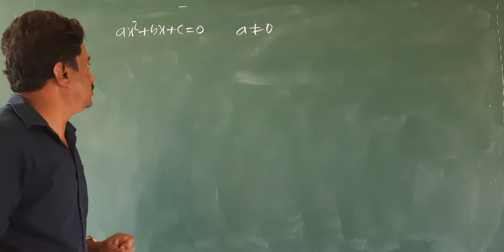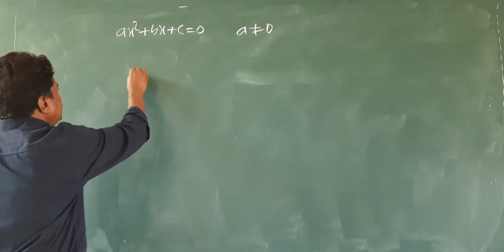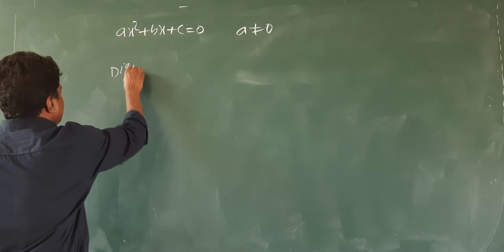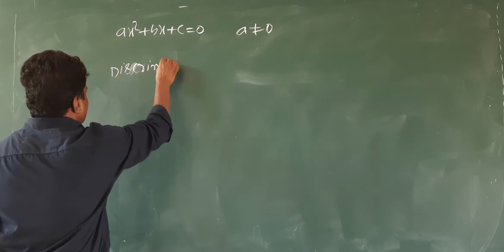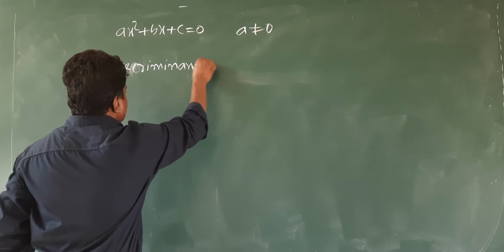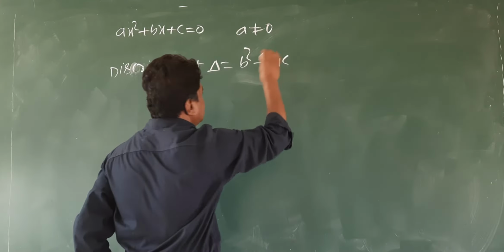Look at this, students. Discriminant: we represent the discriminant by delta. Delta is equal to b square minus 4ac.